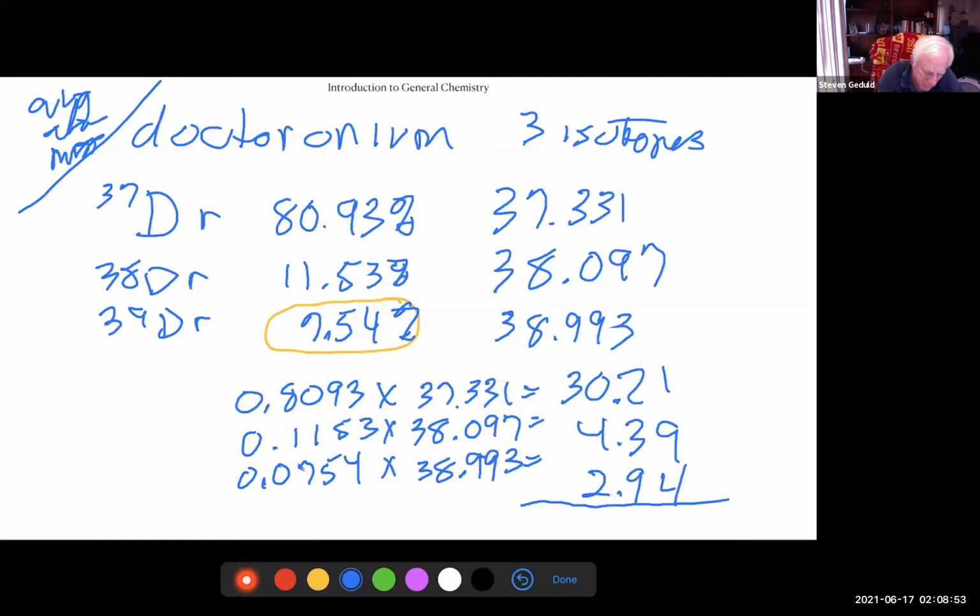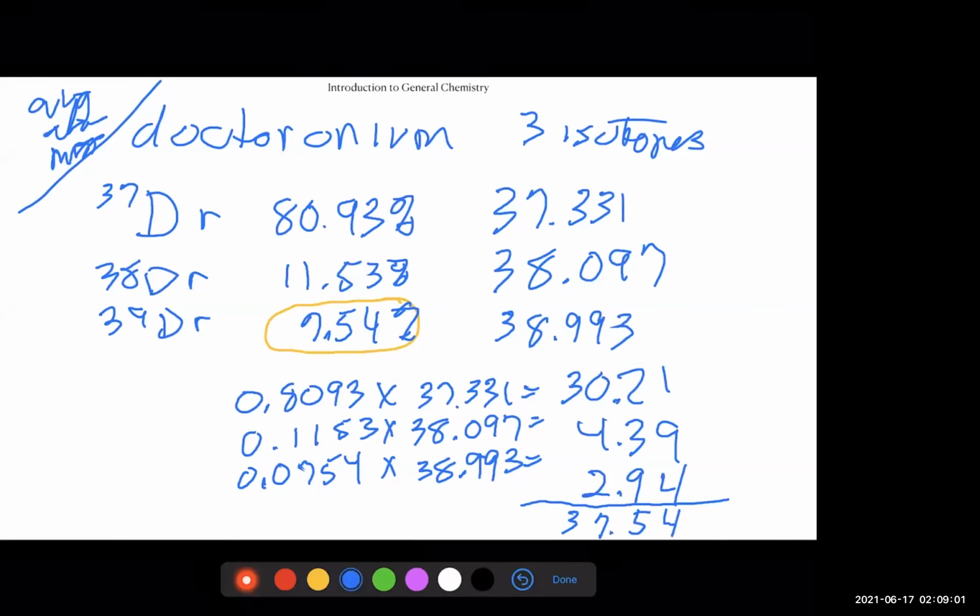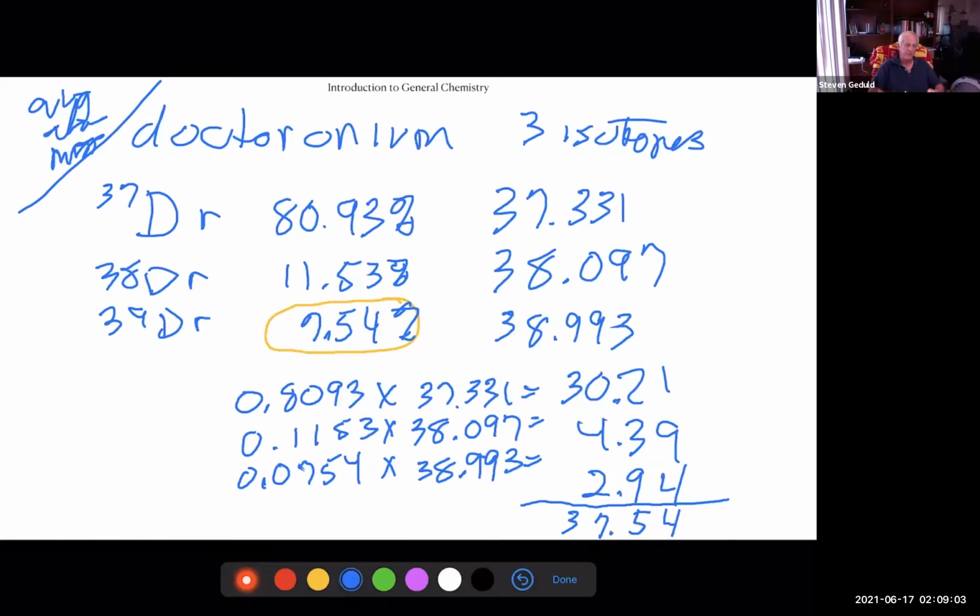So we come up with 14, 6, 15, 7, 3. So the atomic mass of the new element you discovered, doctoronium, of its 3 isotopes, the average atomic mass is 37.54. I guarantee you see that on the midterm. Not doctoronium, but similar numbers.